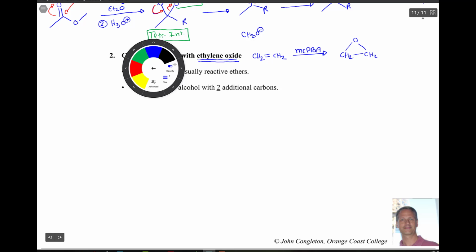So this thing is called an epoxide. So if you've ever heard of epoxide resins, this is kind of one of the functional groups that helps make those glues and polymers. But it's also known as ethylene oxide because it comes from ethylene and oxide to indicate that it's that three-membered ring.